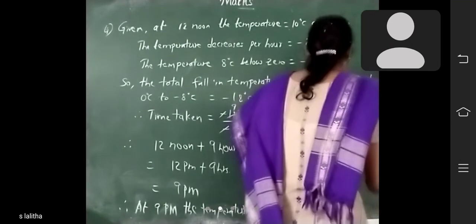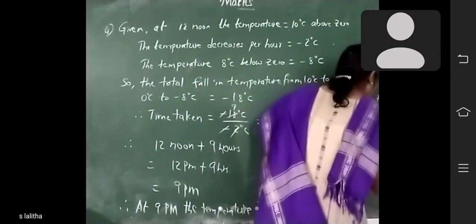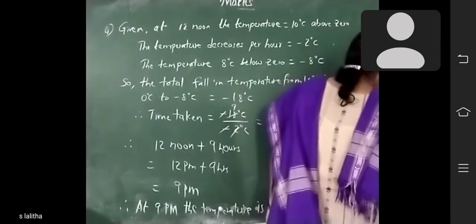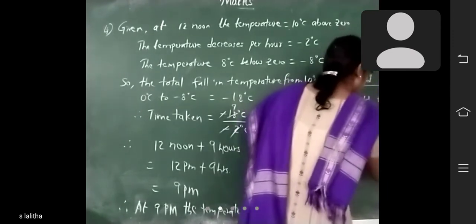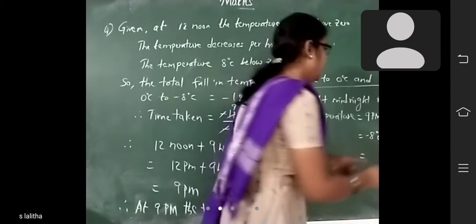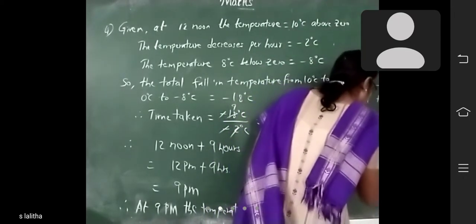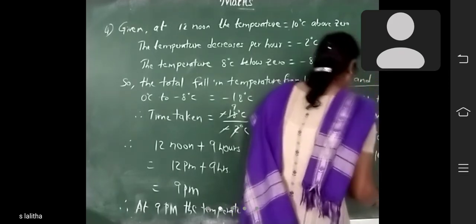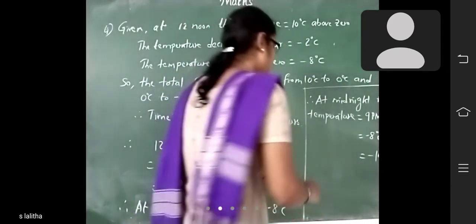So at 9 p.m., how much temperature? Minus 8 degrees centigrade plus 3 times 2, how much? Minus 6. So minus 8 plus minus 6 degrees centigrade, how much? Minus 14 degree centigrade. So at midnight the temperature is equal to minus 14 degree centigrade.